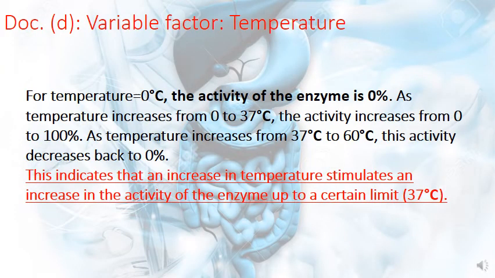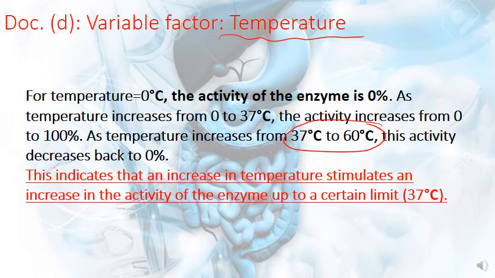So here, the variable factor is what? It's the temperature. When the temperature was 0, the activity of the enzyme was 0. As temperature increases from 0 to 37, the activity increases from 0 to 100. And then the activity decreases to 0 again when the temperature increases from 37 to 60 degrees Celsius.